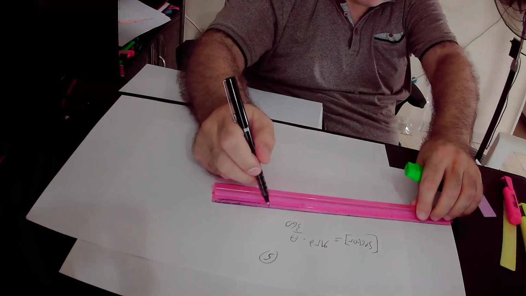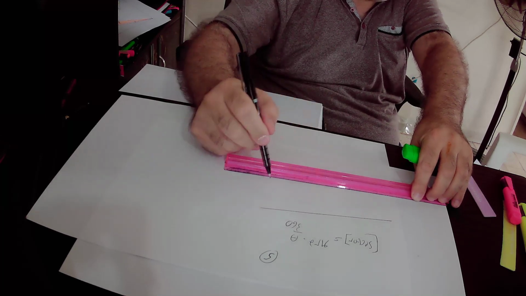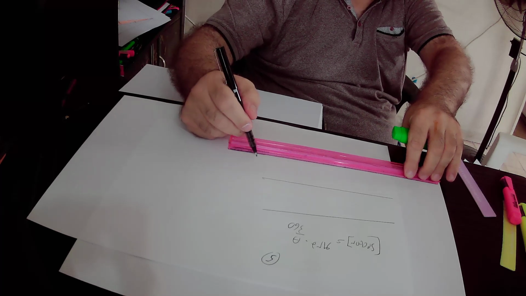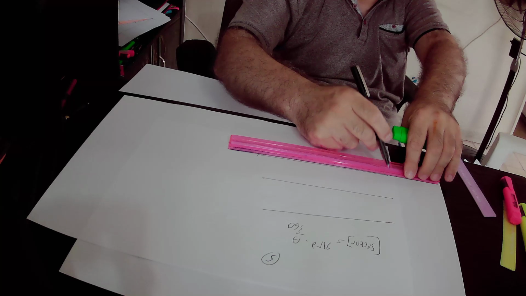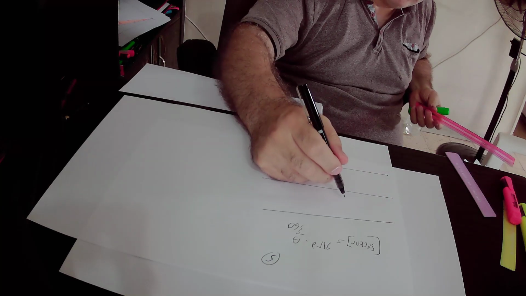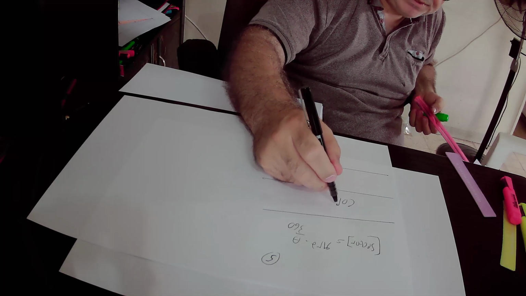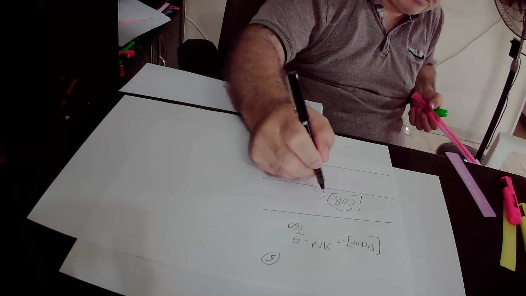Theta is the angle between the legs of the sector, and r is the radius of the circle that consists the sector. Therefore, according to this formula, the area of sector COB will be equal to pi r squared.